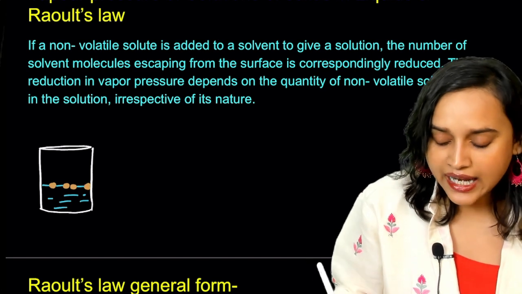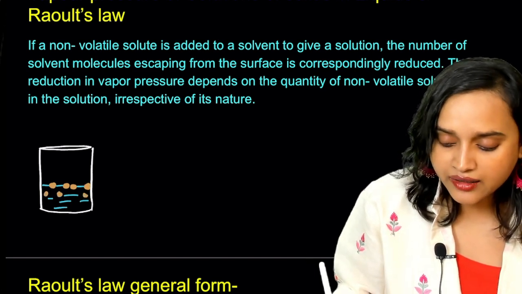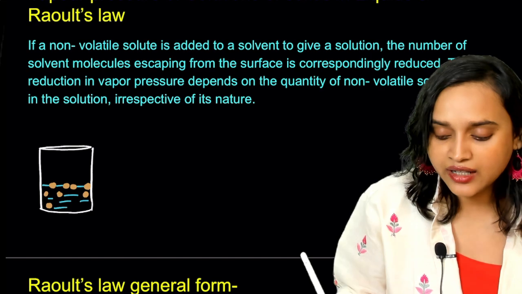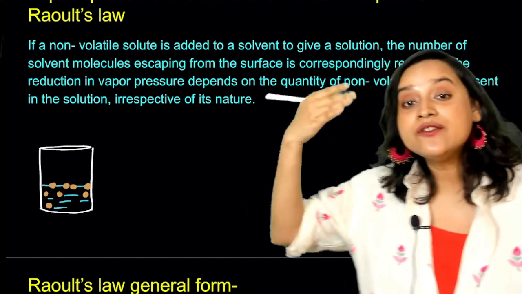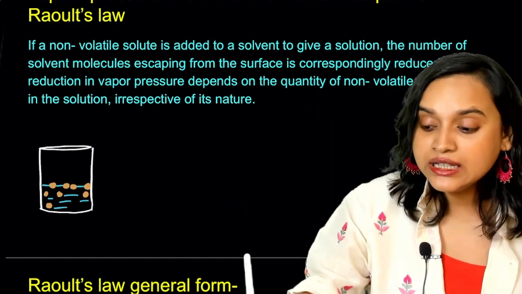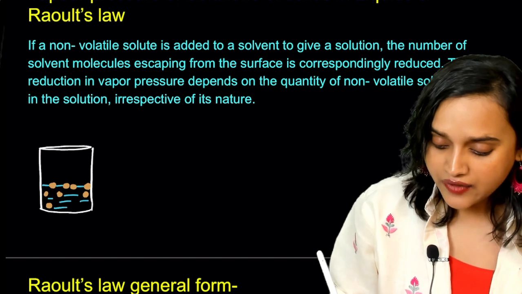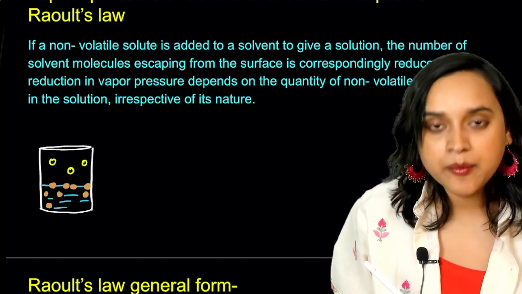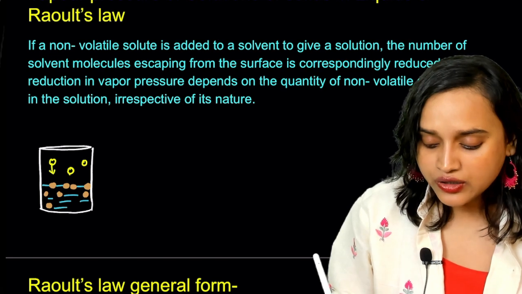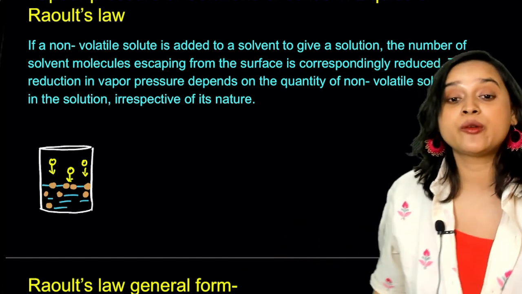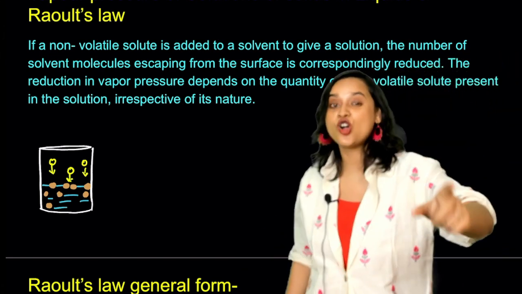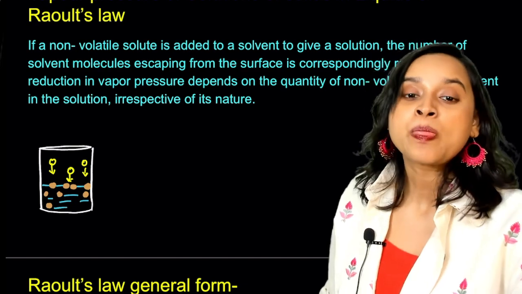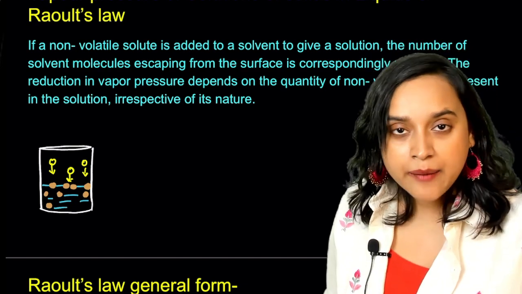This solid particle right here will not evaporate. So in the vapor phase you only have these few vapors exerting pressure. But do you remember that in the previous case there was a lot of vapor? Yes, there was a lot of vapor.